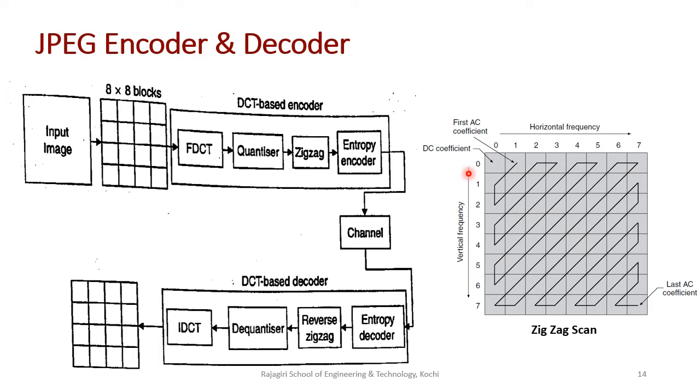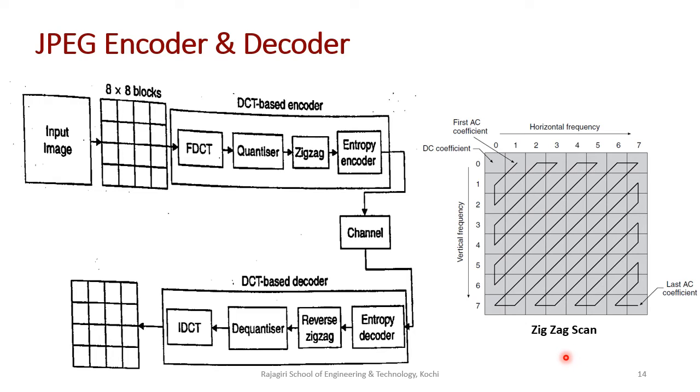So the FDCT step lays the foundation for achieving data compression because most of the energy of the signal will be concentrated in the lower spatial frequencies. So these coefficients are then scalar quantized using uniform quantization tables. This is followed by zigzag scanning.